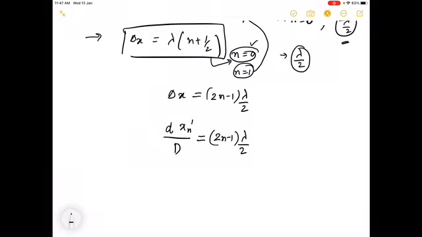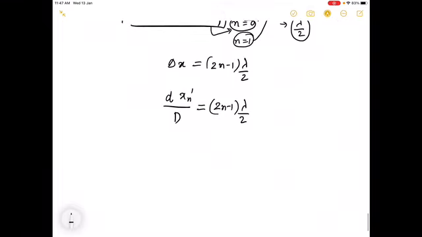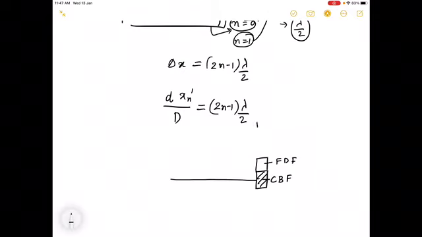Clear hai, right? Okay, so basically you have to understand here, this is the central bright fringe, right? Then comes your first dark fringe, right? And we are actually talking about this nth dark fringe, right?